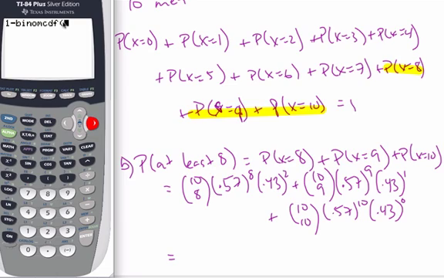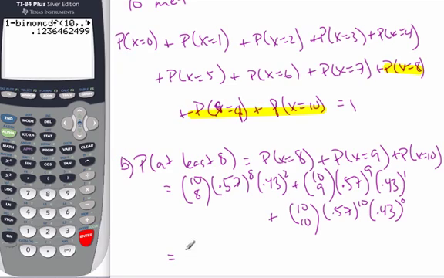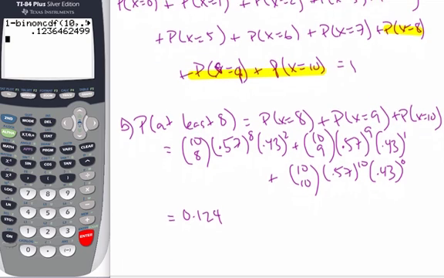If I want to put the syntax in here, I go 10, comma, successes 0.57, and then this is going to go up to 7. And so if you type all this into your calculator, you end up with 0.124%. Now, this is the tricky part for me to explain because I don't know what you can use in your calculator and how you can do it.